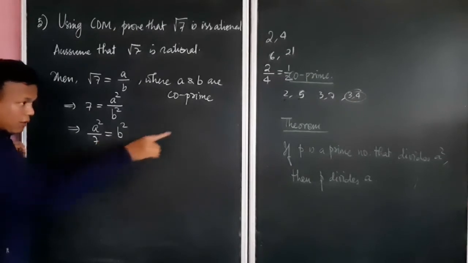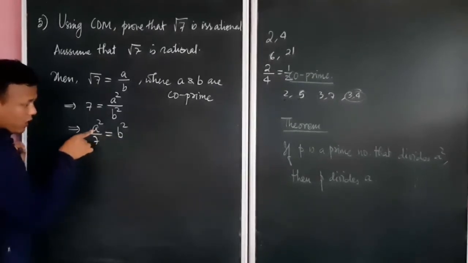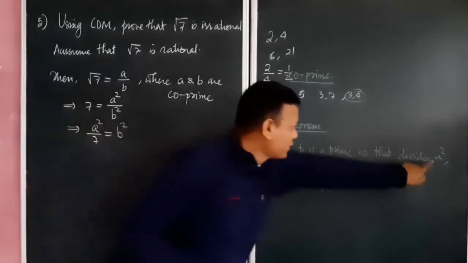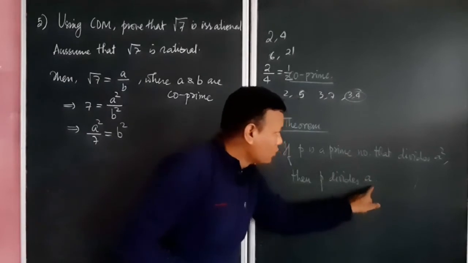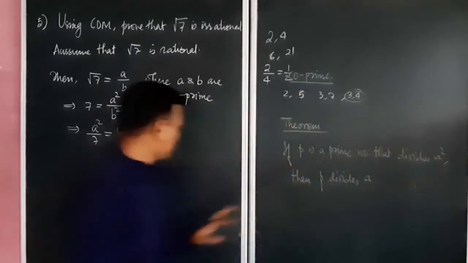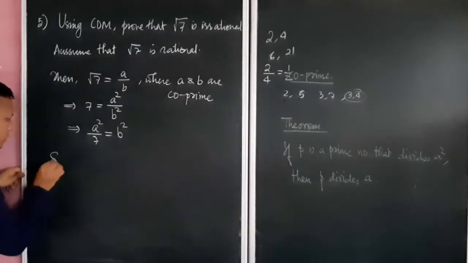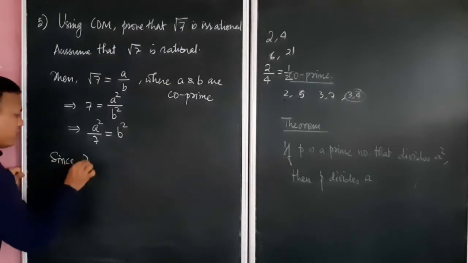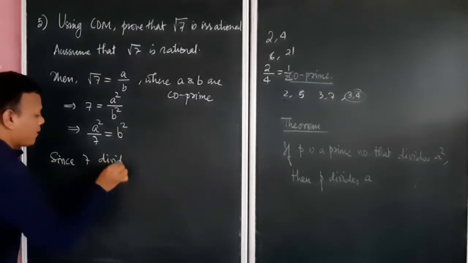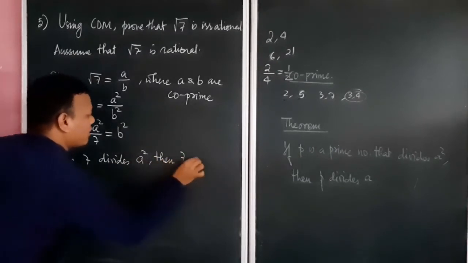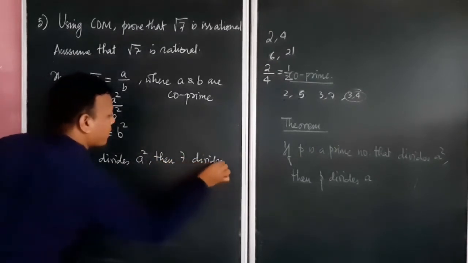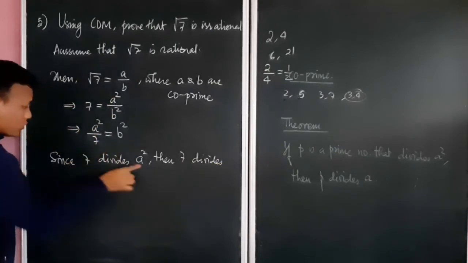See here carefully, I'm going to make use of that theorem. So a square is being divided by a prime number. P divides a square. Now what is the meaning of this? This means that P has to divide a also, that is the square root of a square. So therefore, since 7 divides a square, then 7 divides a also, right?